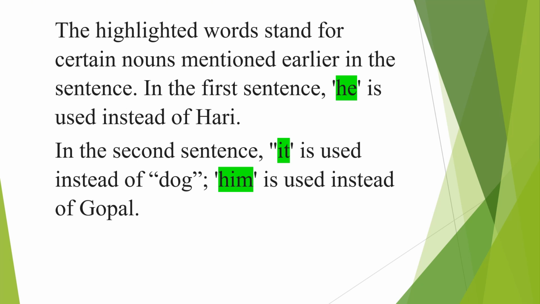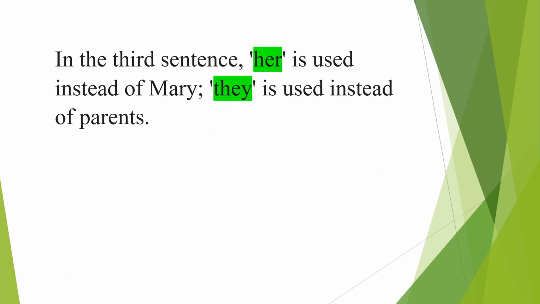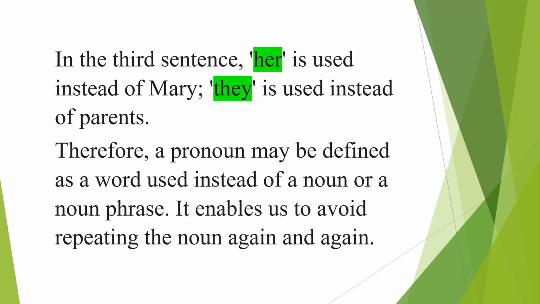We already explained that. In the third sentence, her we used instead of Mary, and they instead of parents, right? Therefore, a pronoun may be defined as a word used instead of a noun.